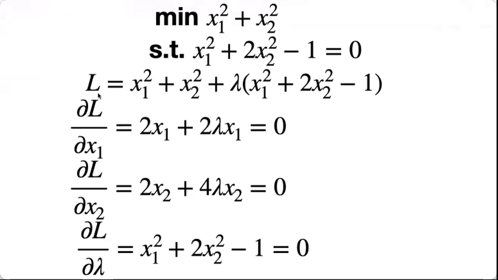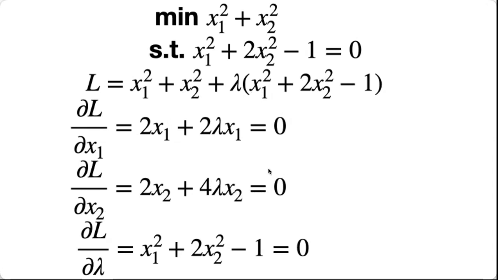Okay, and the next condition is we take the derivative of this Lagrange function with respect to x2. So we have 2x2 from this term, and plus, we have lambda times x2 squared, so 2 lambda x2 squared, right? So it becomes 4 lambda x2, and 2x2 plus 4 lambda x2 becomes 0.